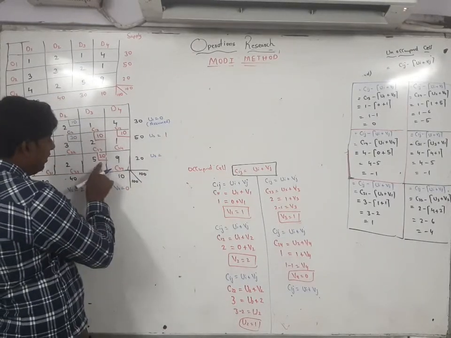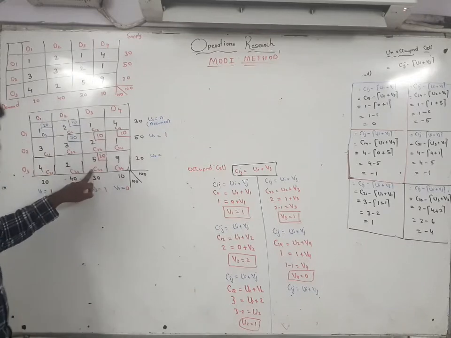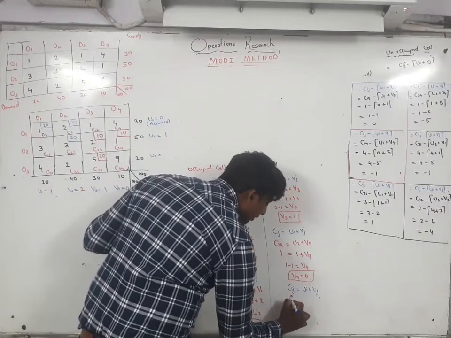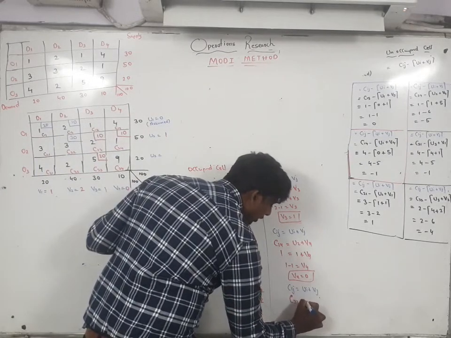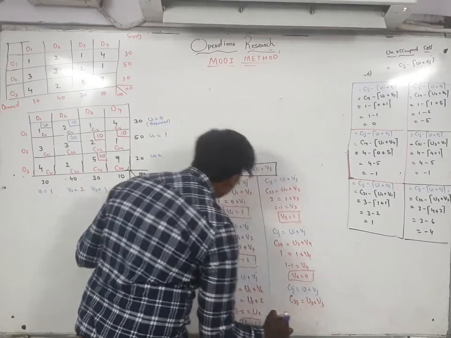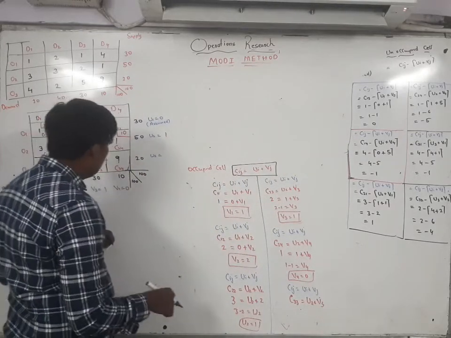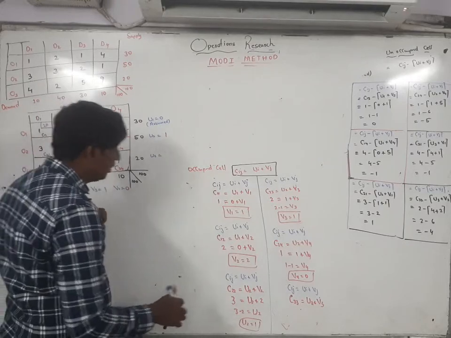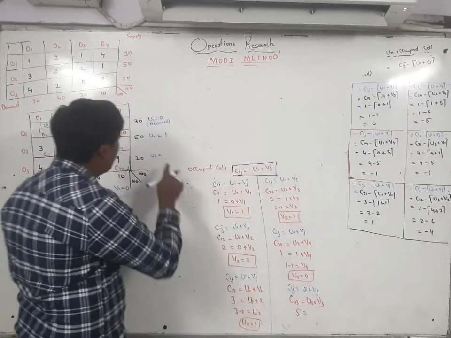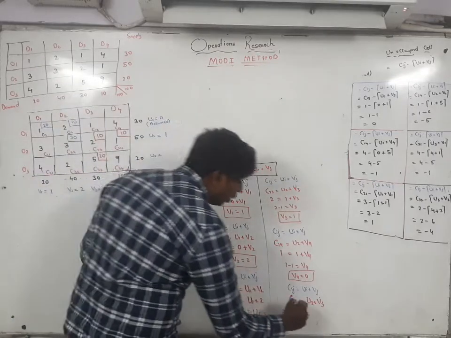Last occupied cell. Now what is the name of the cell? C33. So I will write here C33 is equal to U3 plus V3. What is the C33 value? C33 value is 5. So 5 is equal to U3, which you don't know, that one only you have to find out.